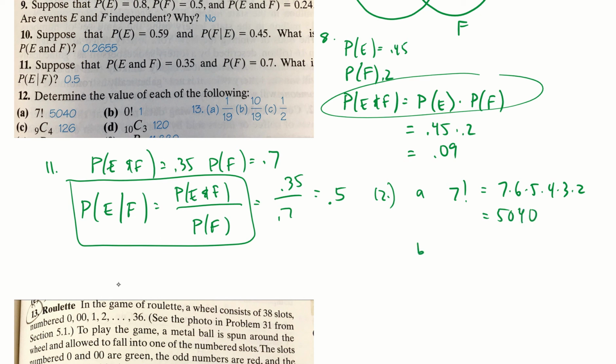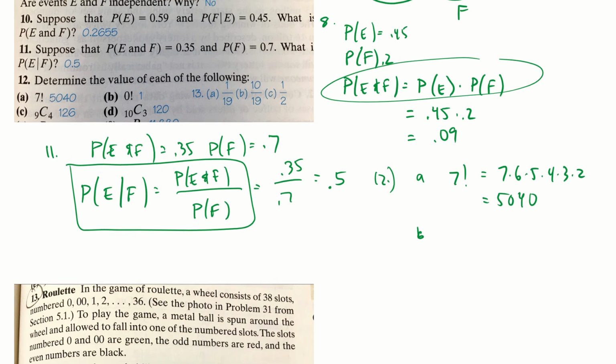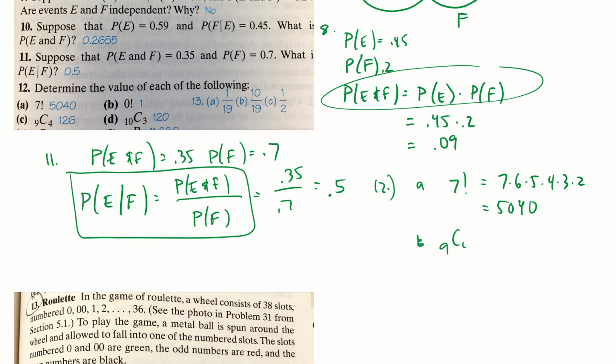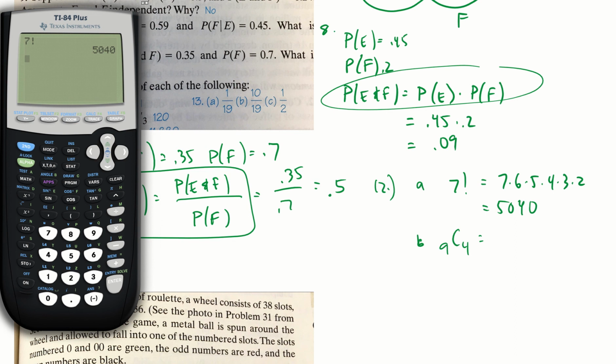And then C is 9 choose 4. Which is 9, math, nCr. This is how many ways you can choose 4 things out of 9 when order does not matter.